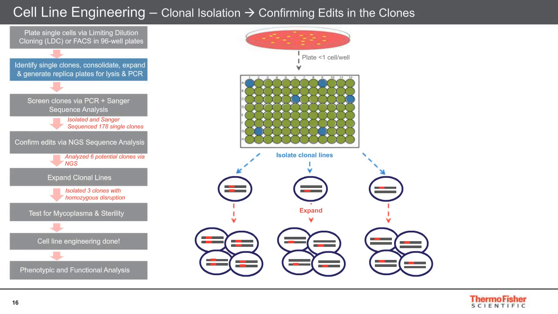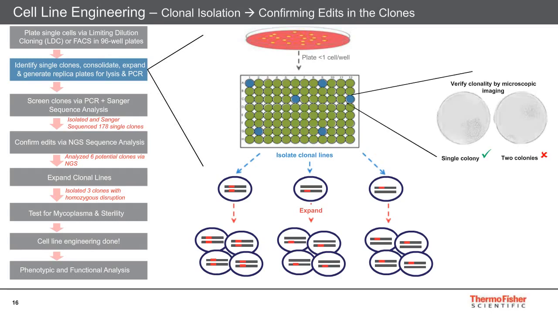After we do that, we can just leave the plates alone in a tissue culture incubator for a couple of weeks. After a couple of weeks, we need to look at these plates under a microscope or visualize them through many other means to see whether colonies are being formed. And a thing to pay attention to is to ensure that we are identifying wells which contain only one growing colony.